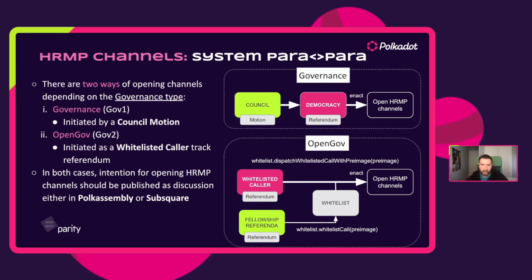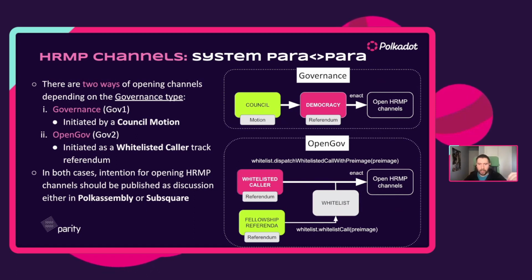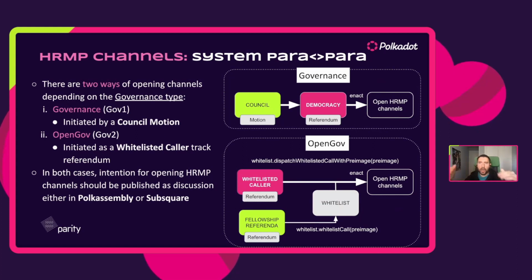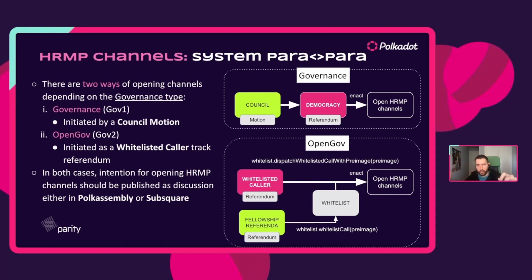And on the other side, you have a fellowship referendum. What's the goal of this fellowship referendum? The goal is to whitelist the call, the pre-image that is coming from the whitelisted caller. This is done to upgrade the origin of the track from whitelisted to root.